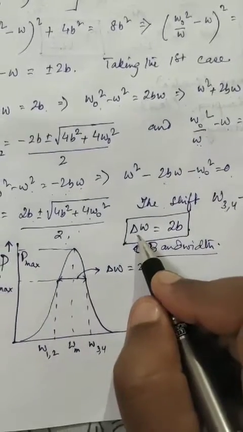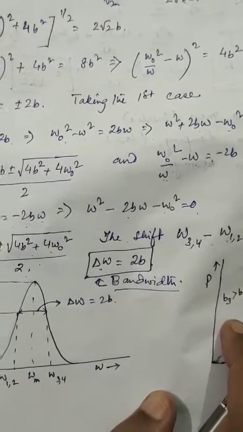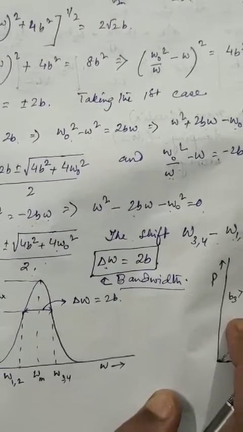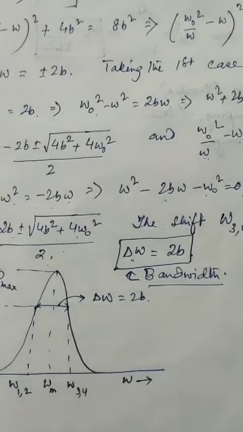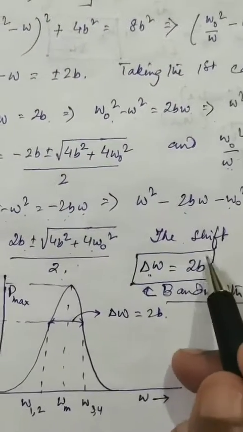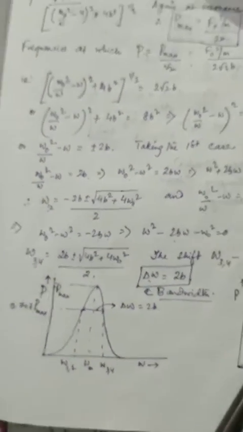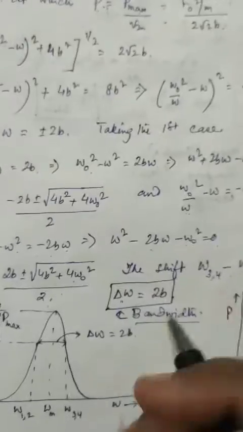This delta omega you will hear specifically in electronics and communication engineering as the bandwidth. So this is the bandwidth, and that is equal to 2b. Remember, b was related to the damping of the system.